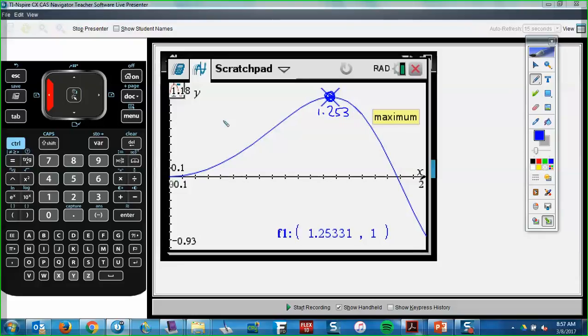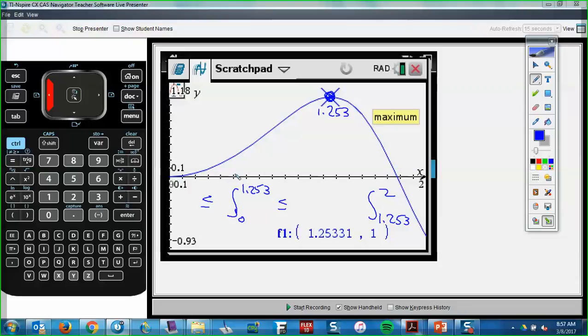So if we did the integral from 0 to 1.253, and then we did the integral from 1.253 to 2, what would we know would be less than this answer? Lefts, rights?